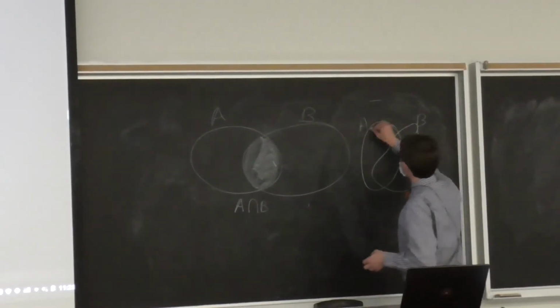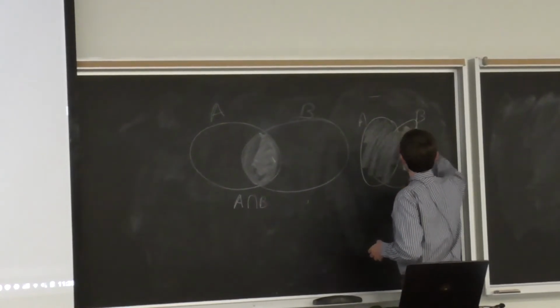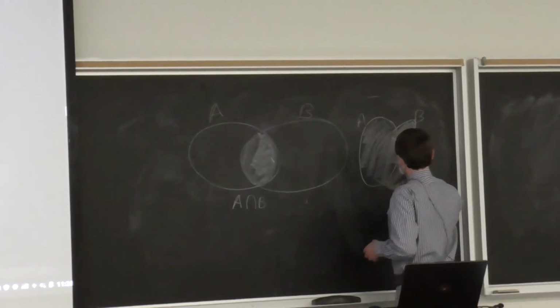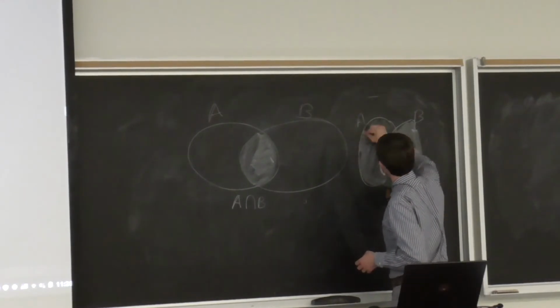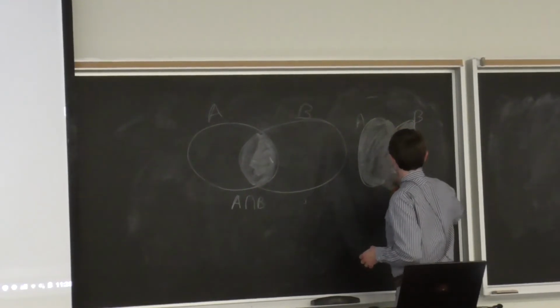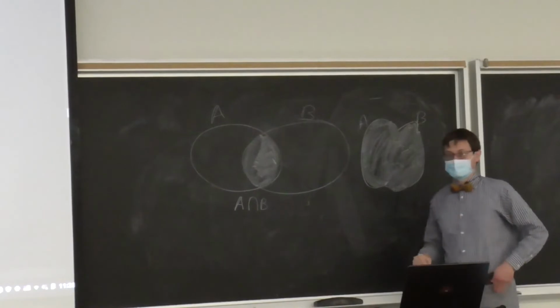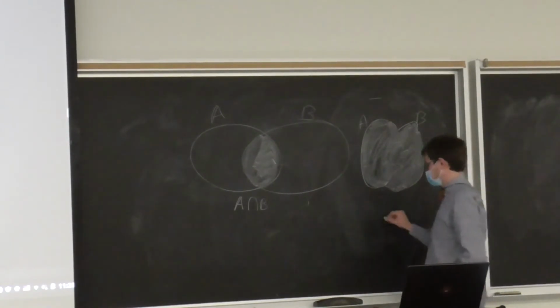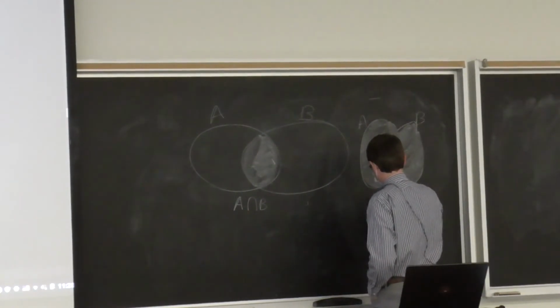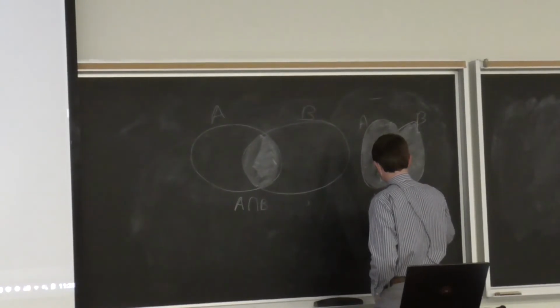So you get everything in A, everything in B, just like this. In mathematical notation, this is written A union B.